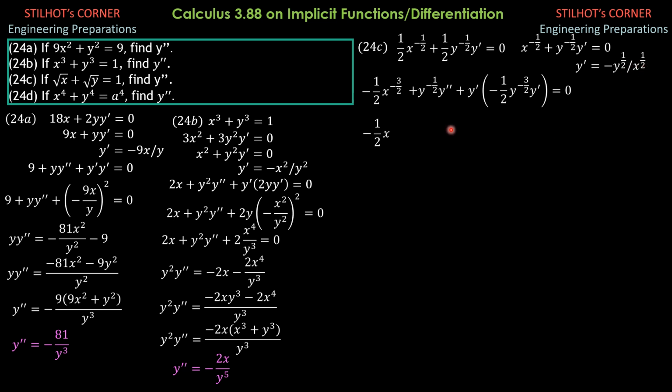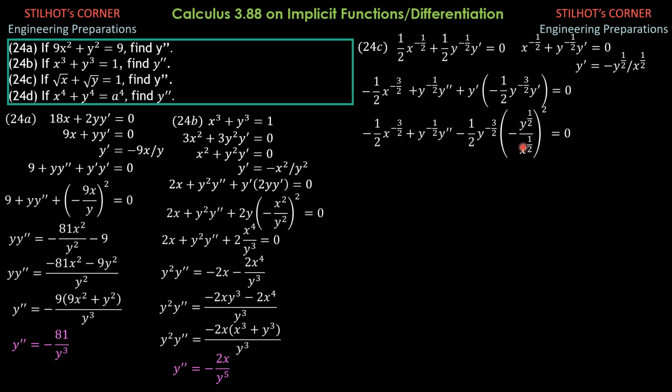So we have negative 1/2 x to the negative 3/2 plus y to the negative 1/2 y double prime minus 1/2 y times negative y to the negative 3/2 times y prime squared, where y prime squared is negative y to the 1/2 over x to the 1/2 quantity squared, equals 0.